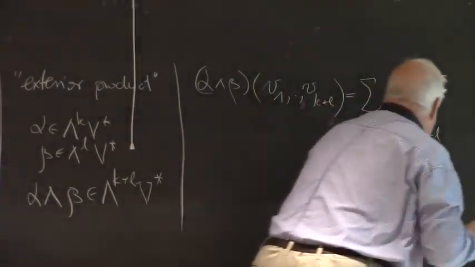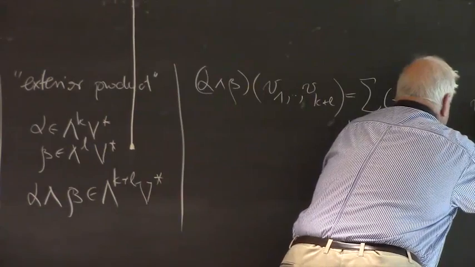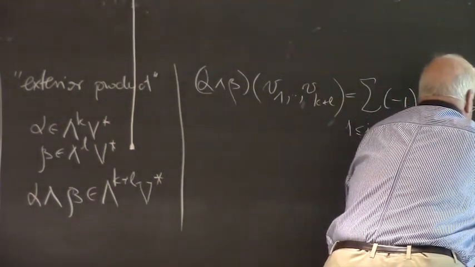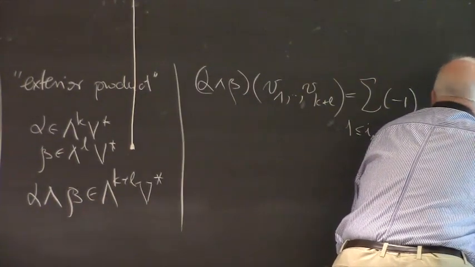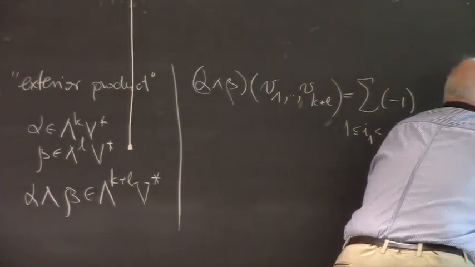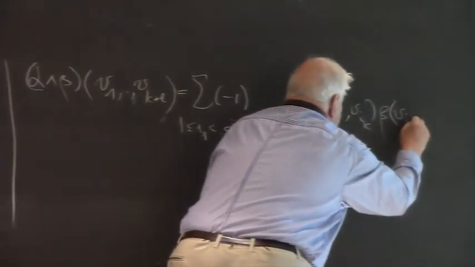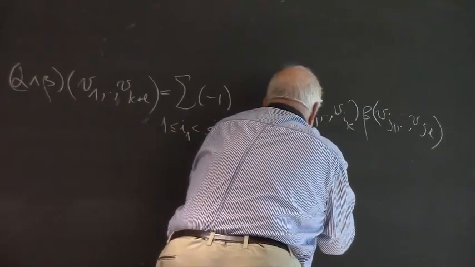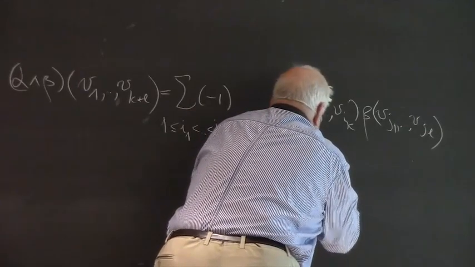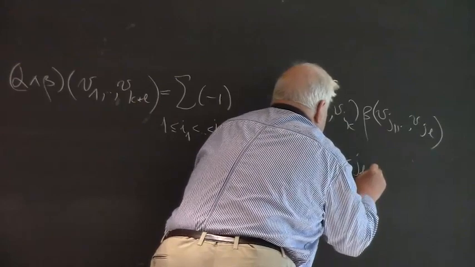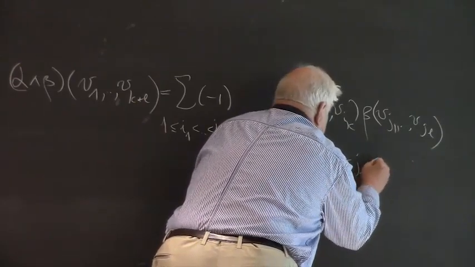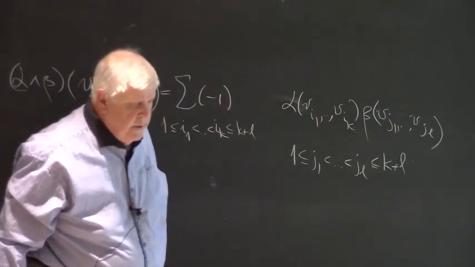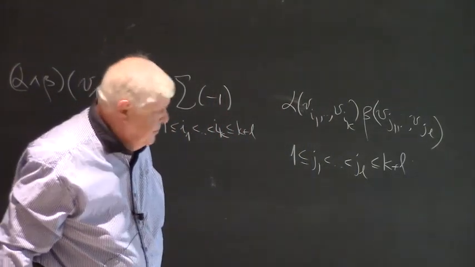And here I write alpha applied to v i1, ..., v ik, times beta applied to v j1, ..., v jl, where the j's are l numbers, also ordered in increasing order.